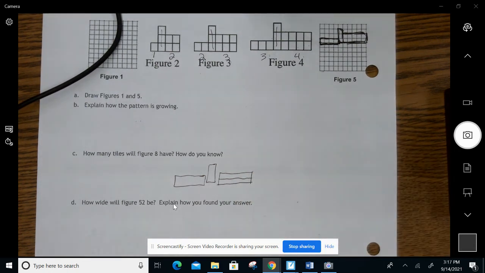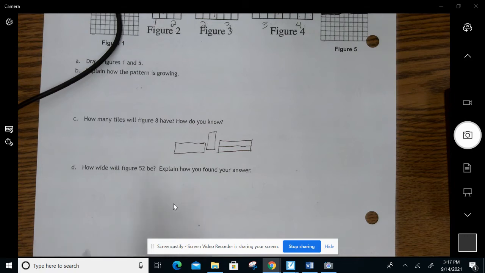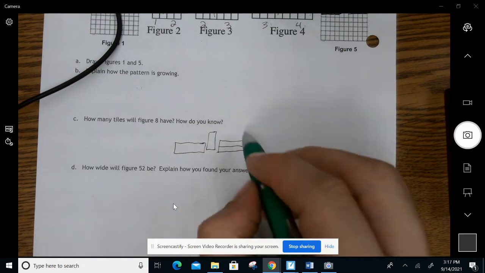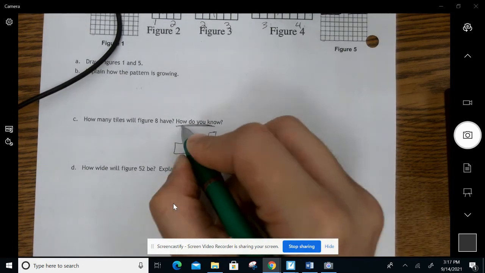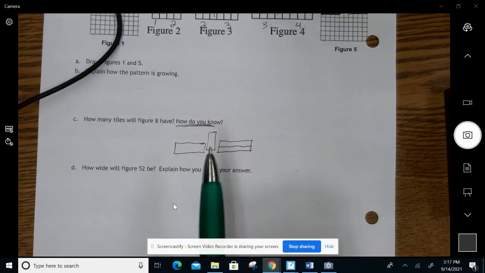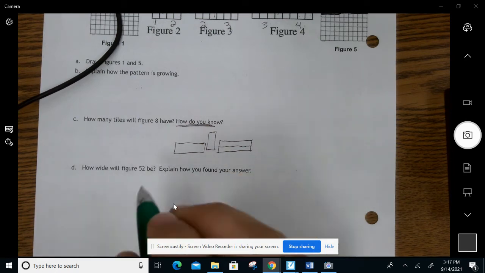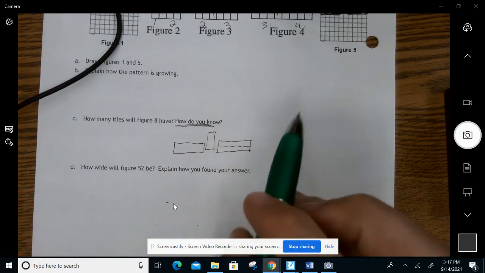Okay. And then D, wanted to mention, how wide will figure 5 be? Sorry, I missed something. Make sure you say, how do you know? Make sure you explain how you know. But for the width, it's how wide it is. Don't tell me how many tiles are in figure 52. Tell me how wide it is, okay? And so that means you're going to count across.